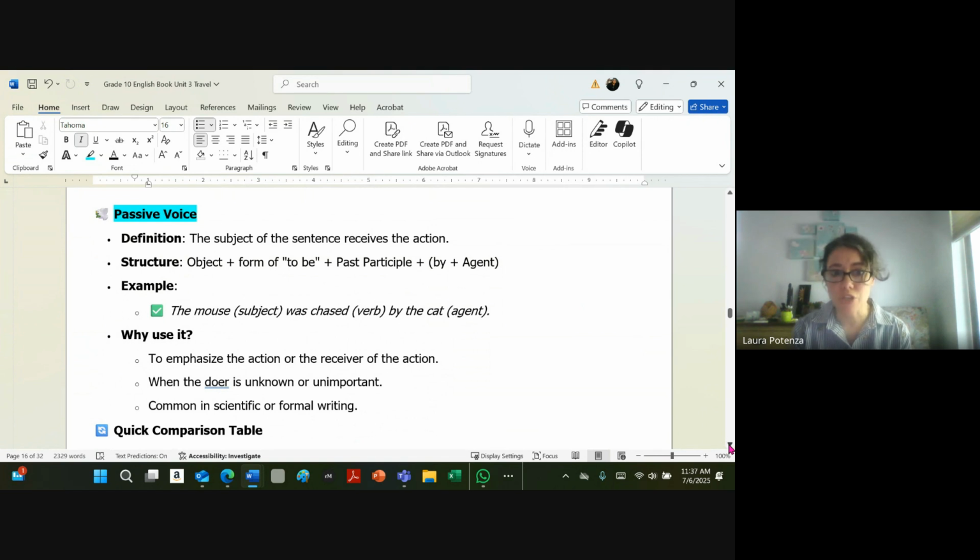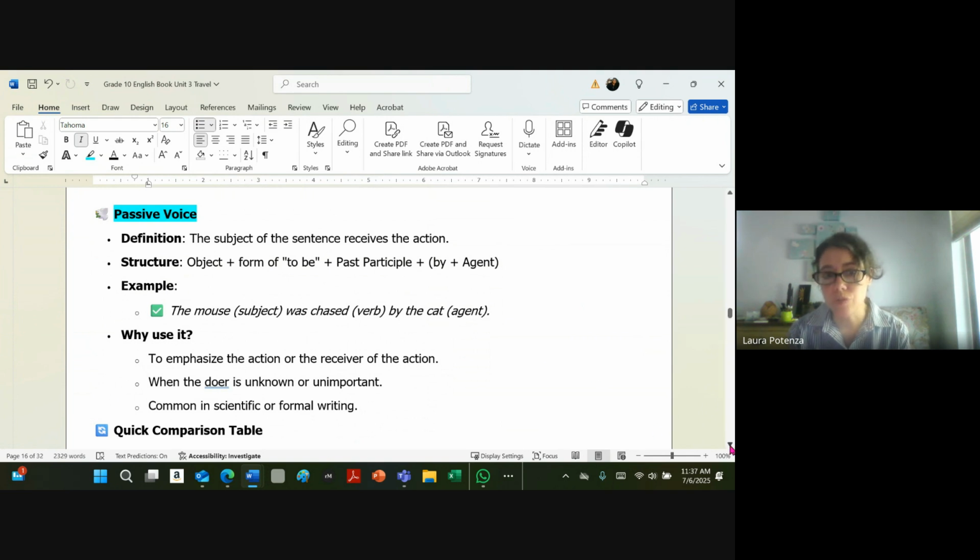You have the object plus form of to be plus past participle plus by plus agent. So here's an example. The mouse was chased by the cat. So mouse now becomes the subject, chased is the verb, and now the cat is the agent.